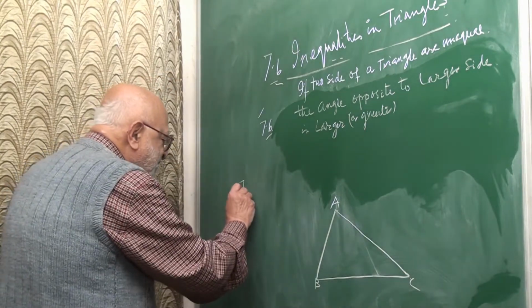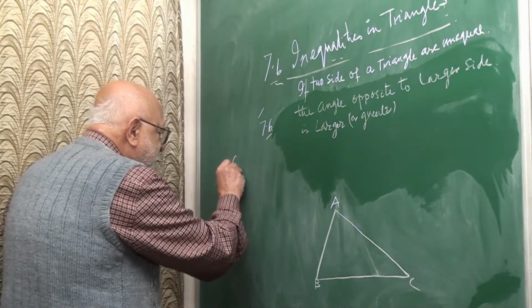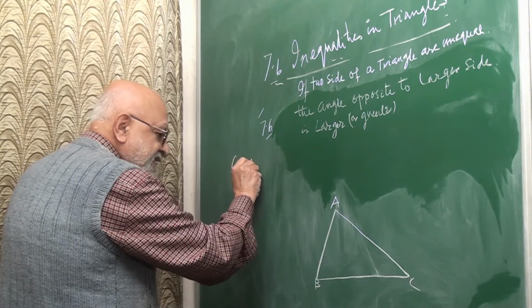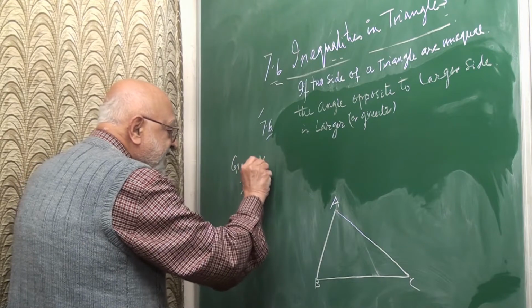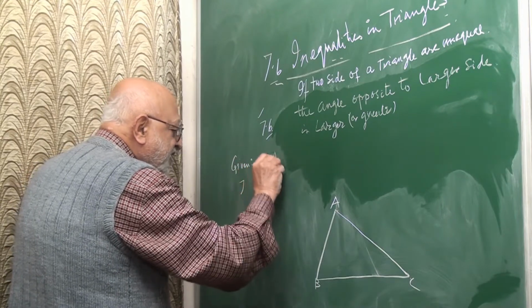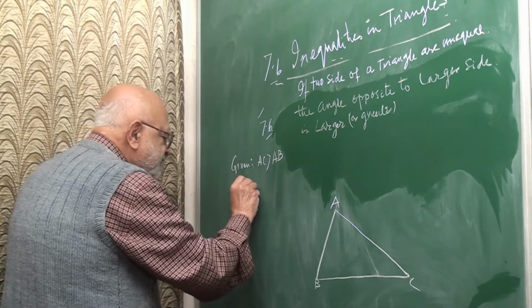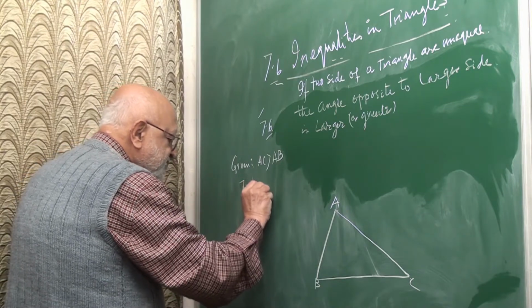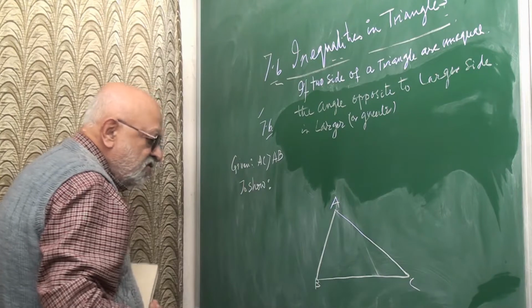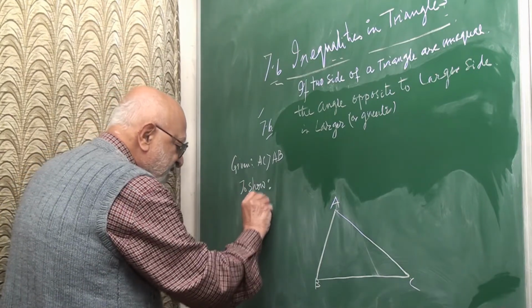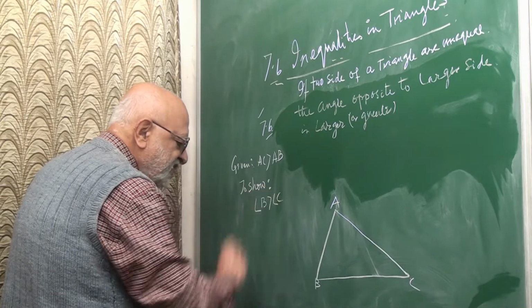What is given? Given is AC is greater than AB. Therefore, to show: angle B is greater than angle C.